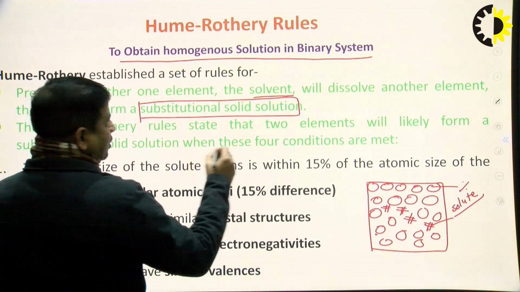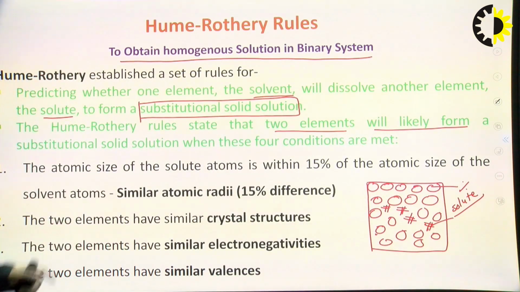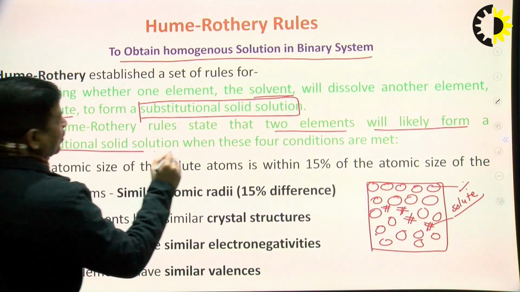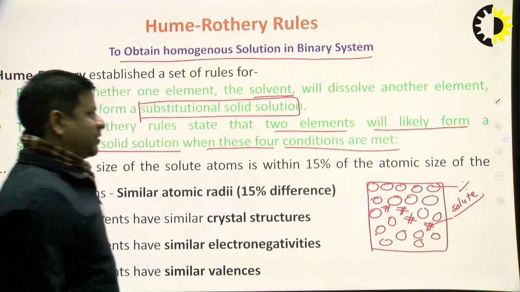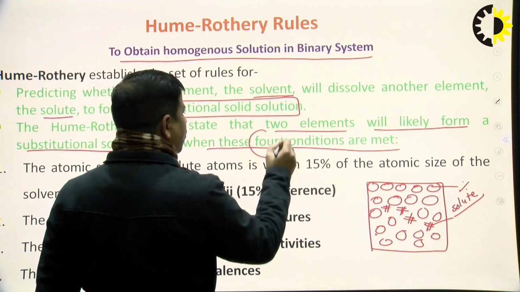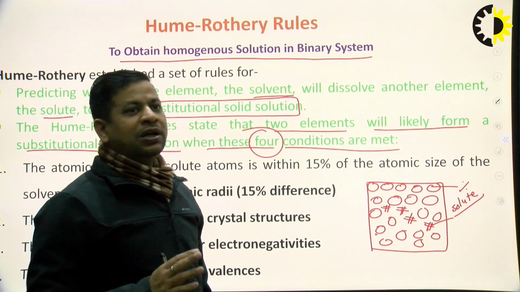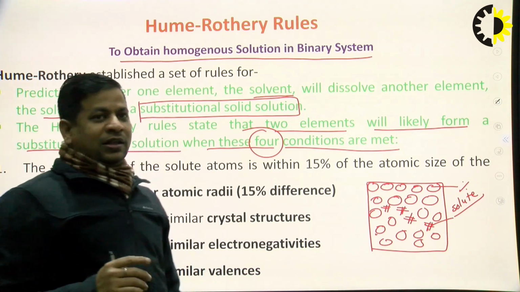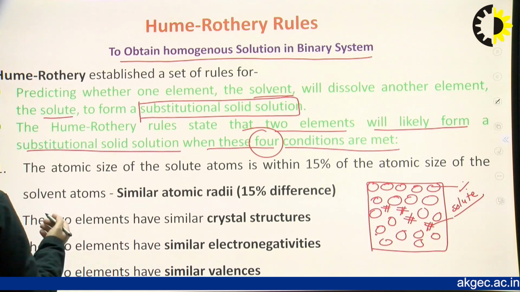This rule also states two elements will likely form a substitutional solid solution when these four conditions are met. Now we are going to discuss what these four conditions are. If that particular condition is met, then definitely we are going to get homogeneous solutions in a binary system.